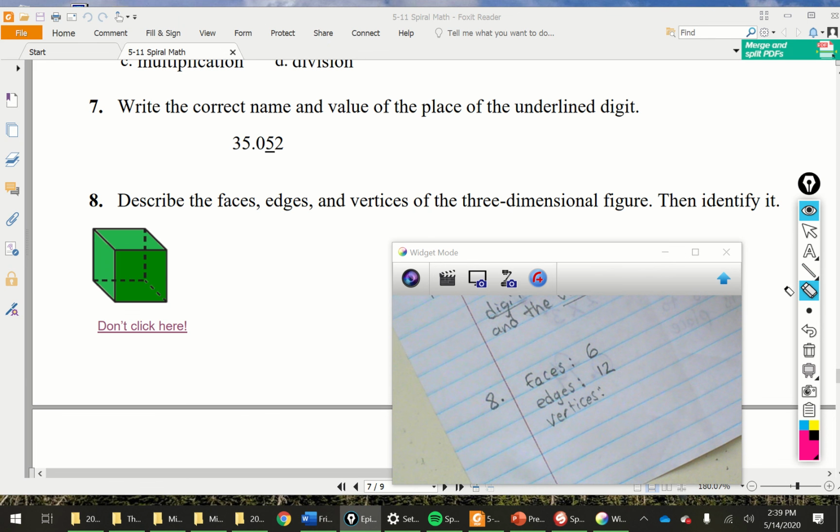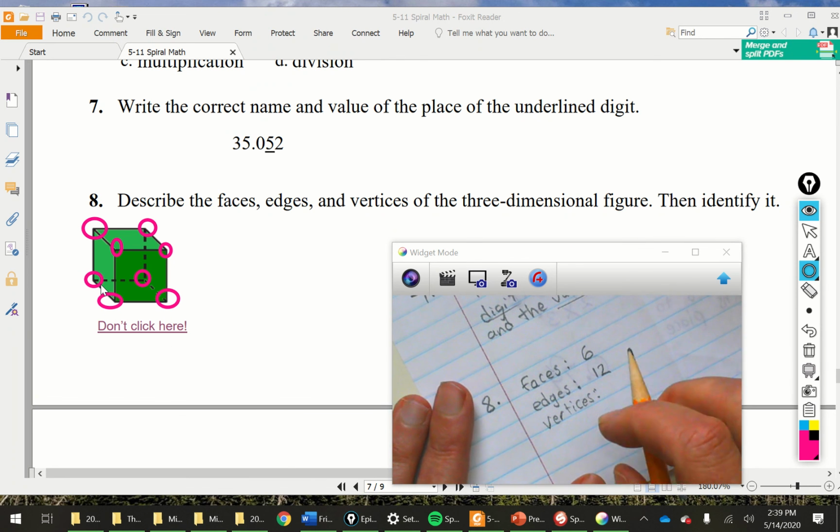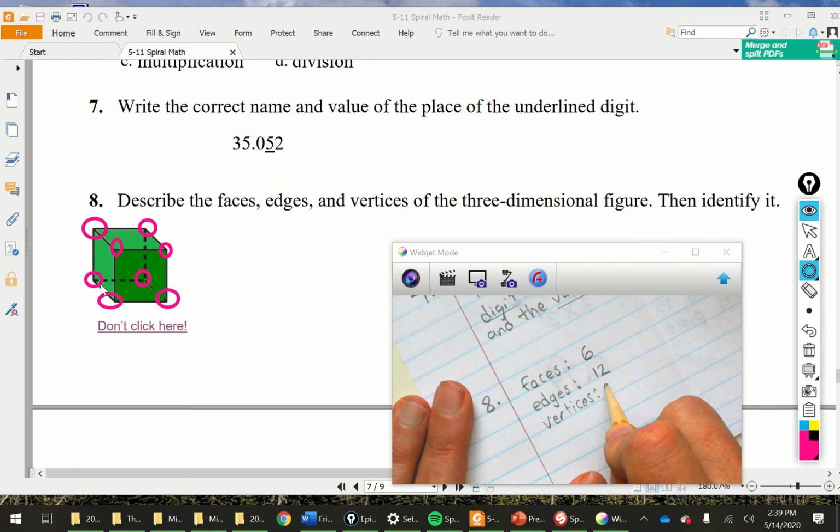The vertices are the corners where 3 edges meet. 1, 2, down here at the bottom, 3, 4, 5, 6, 7, 8. So there are 8 corners, or 8 vertices. So that's how many are on my shape, 8 vertices.